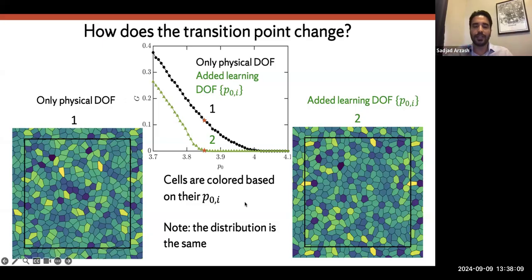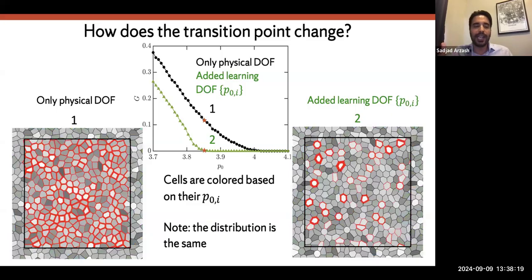By just looking at these 2 snapshots, it's hard to see why we have a floppy state. But since this is related to edge tensions, I'm just gonna plot the edge tensions on top of these cells. And you can see that on the left, we have this cluster of large edge tensions that is responsible for rigidity of this tissue.